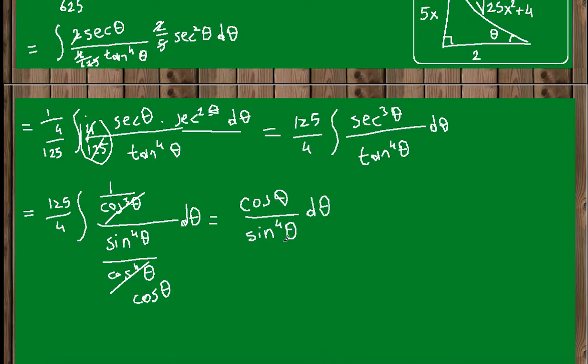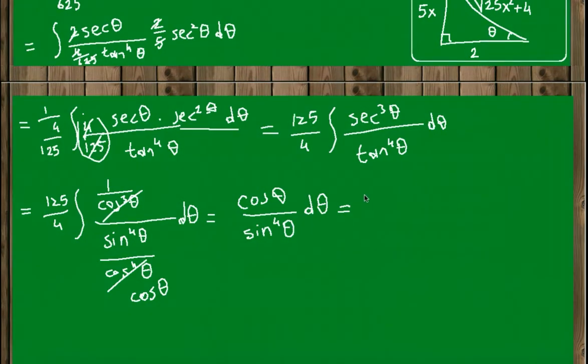Here we can rewrite cosine and sine like this. We have 125 over 4 integral. We can rewrite this as 1 over sine cube of theta times cosine over sine.